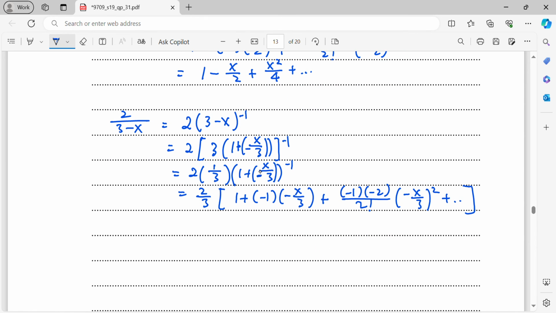Right, then now here you will be getting 2 over 3 times 1 plus x over 3, then plus x squared over 9. So lastly, you will be getting 2 over 3 plus 2 over 9x plus 2 over 27x squared.